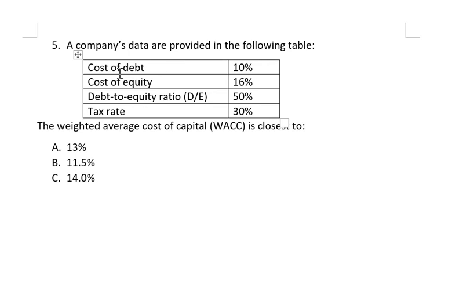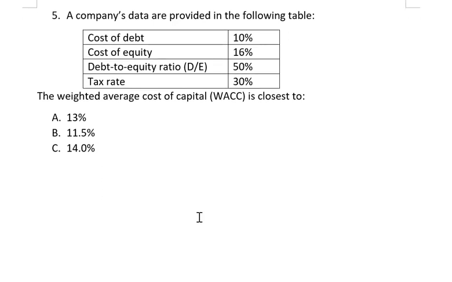Question 5. A company's data are provided in the following table. We have cost of debt, cost of equity, debt to equity ratio, tax rate. The weighted average cost of capital is closest to. Convert the DE ratio to determine the weight of debt and equity as follows.